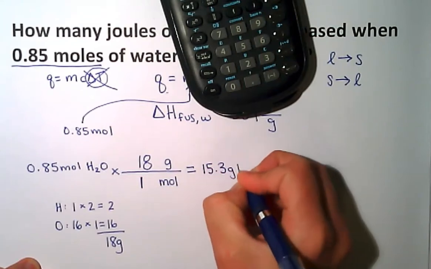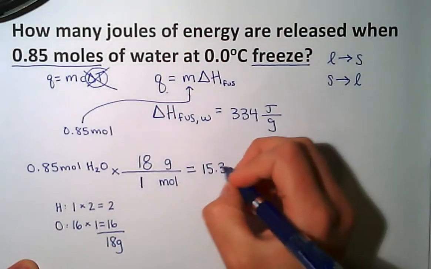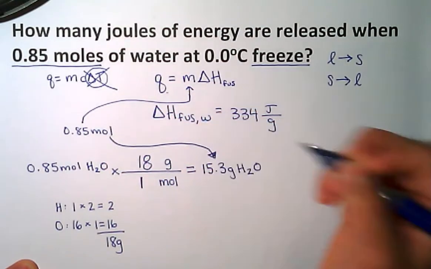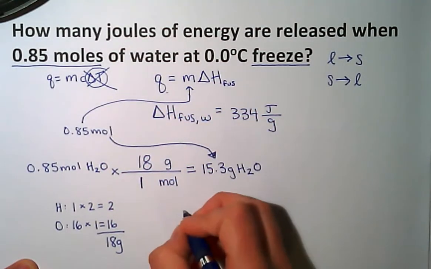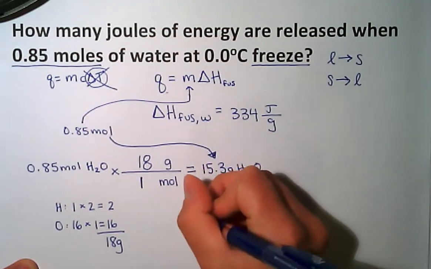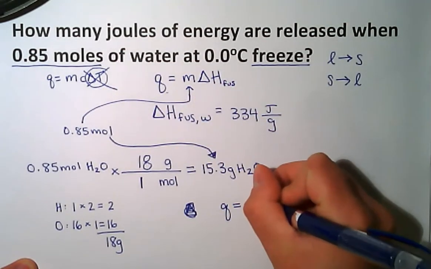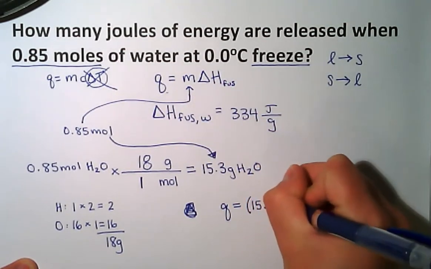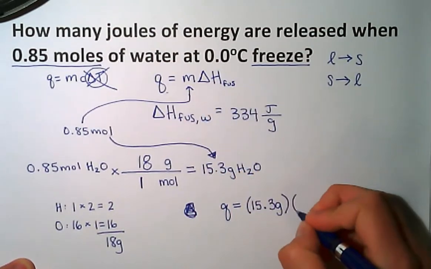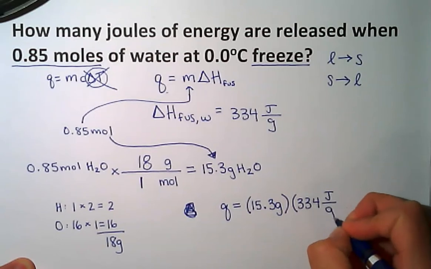15.3 grams of H2O. Okay, so now that we have our M in grams, we can substitute that in and our units will cancel properly. So down here, Q equals M, being mass, 15.3 grams, times our delta H of fusion, which is 334 joules per gram.